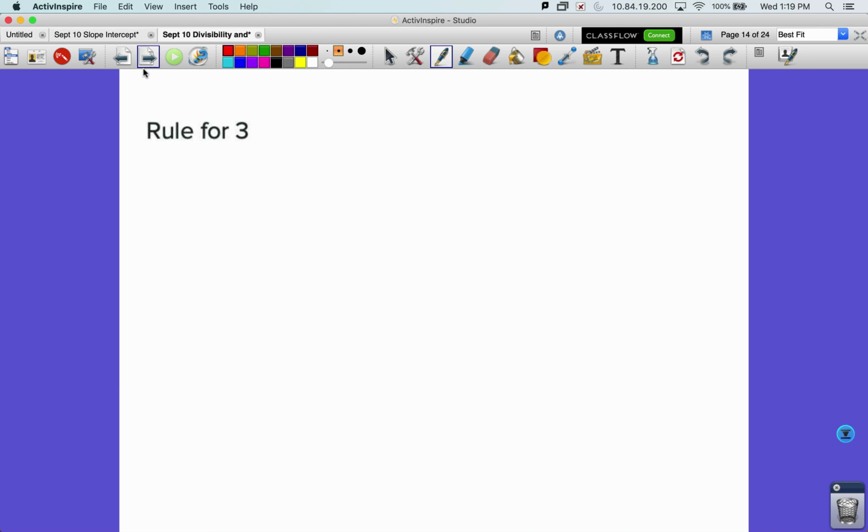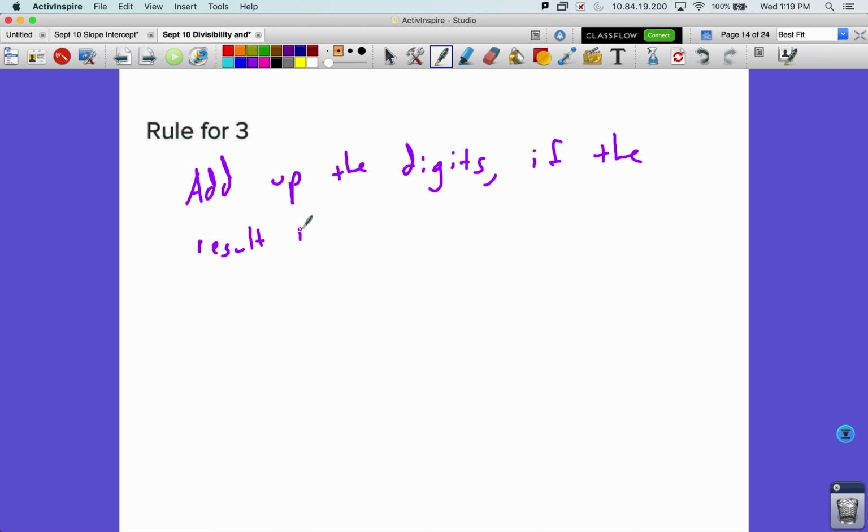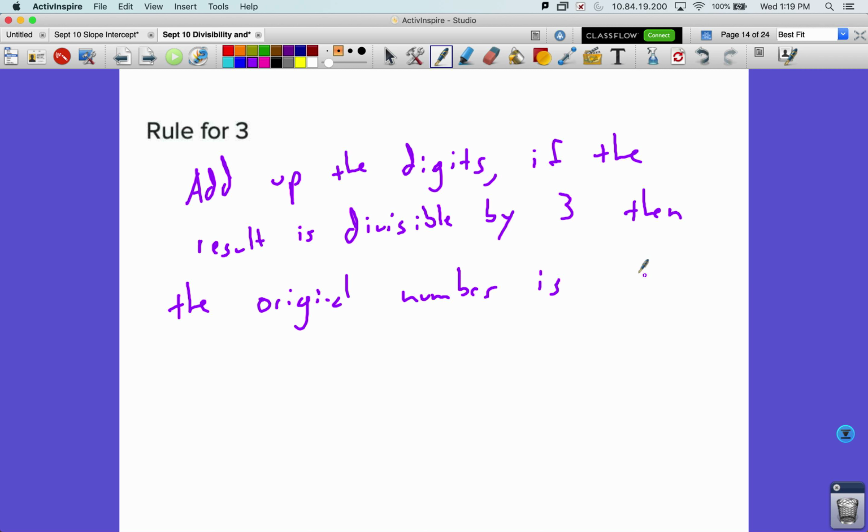All right, the rule for 3. So you're going to add up the digits. If the result is divisible by 3, then the original number is too.